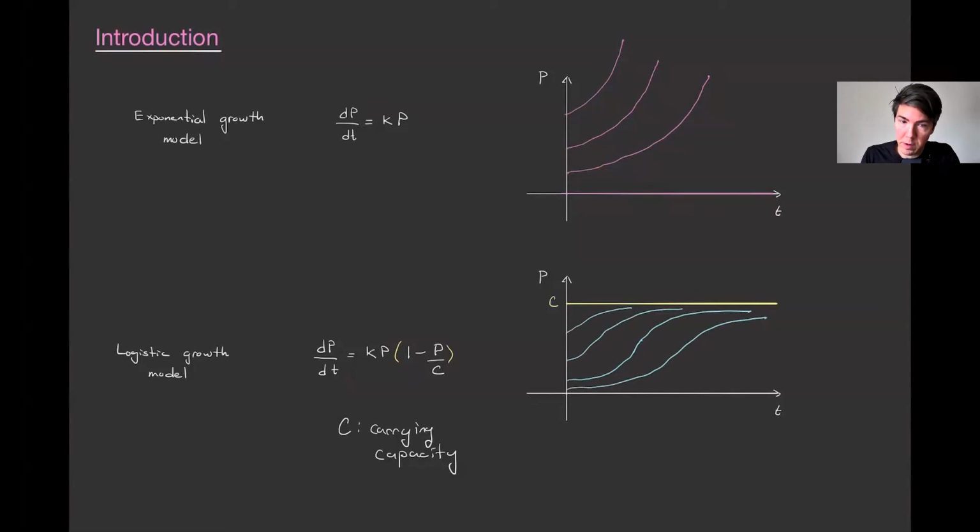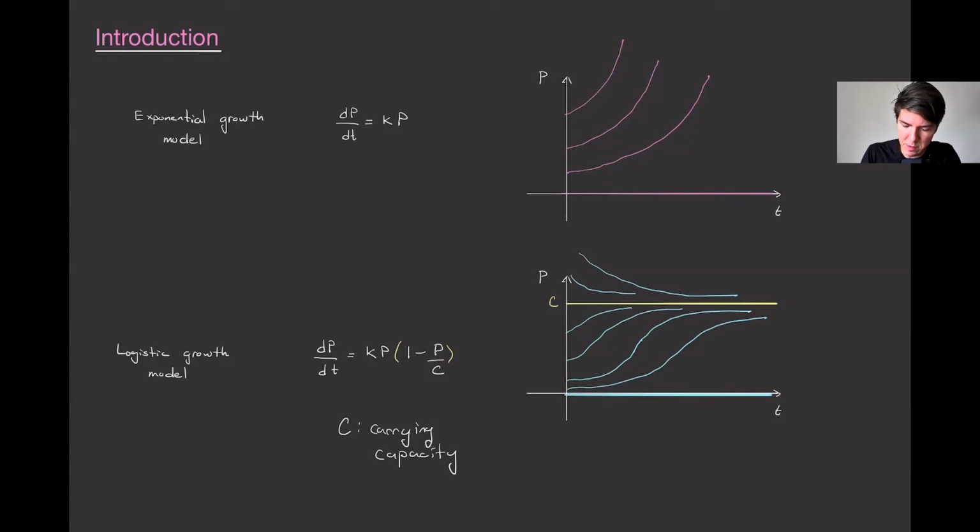Moreover, if you start above the carrying capacity, since P over C will be larger than 1, then you'll have a negative slope. So it'll look something kind of like this. And again, if you were to start with 0 population, it would be just like the exponential case where you have 0 here.